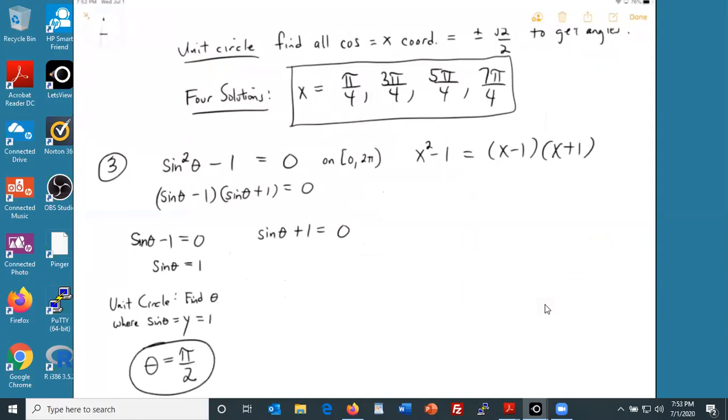All right, and now the second equation, we're going to subtract 1 from that sine of theta, and it gives me sine equal to -1. So again, same idea here with the unit circle. Find theta where the sine of theta, which is your y value, is -1.